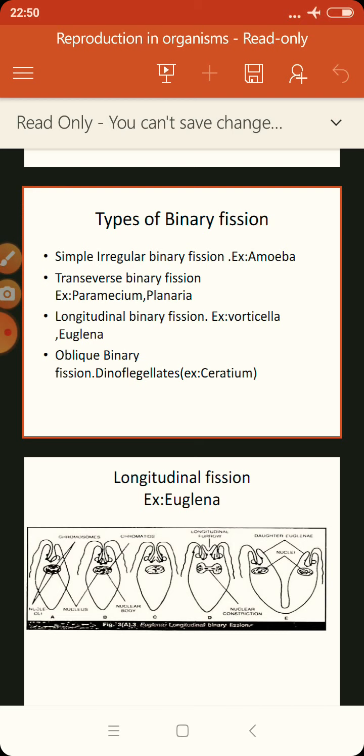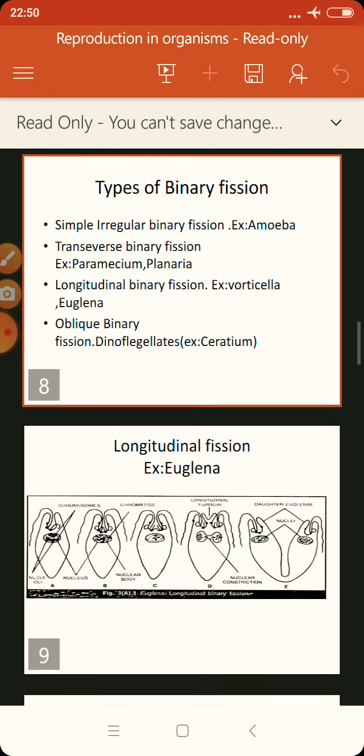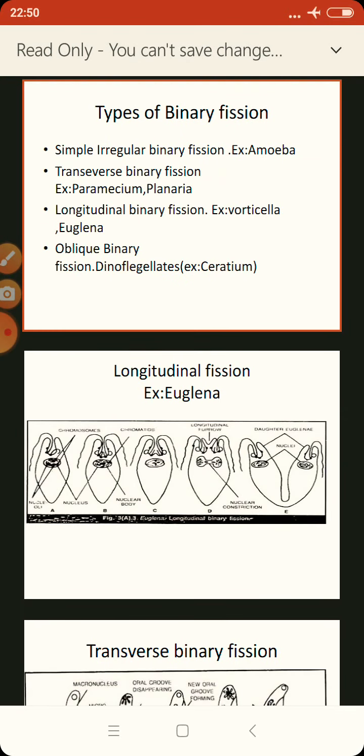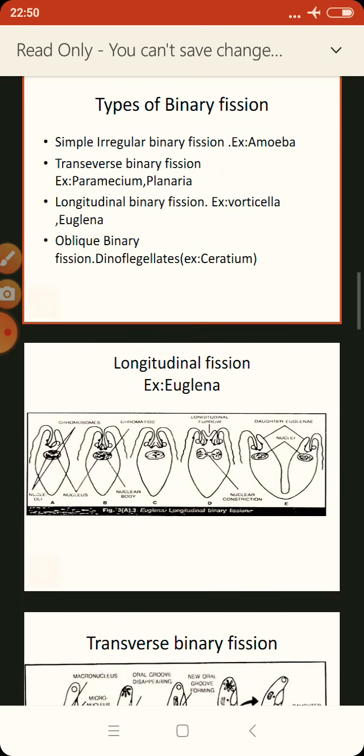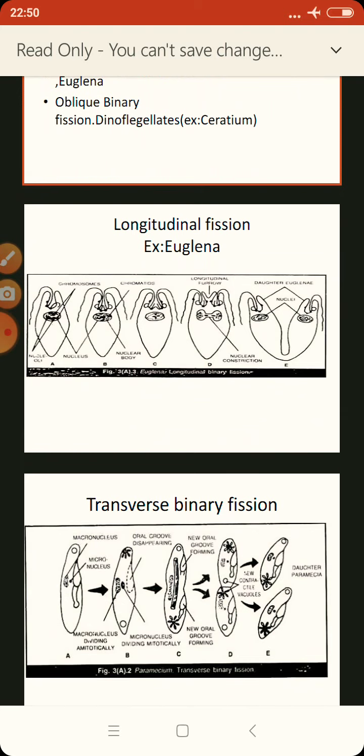Oblique binary fission is neither parallel nor at right angles to a specific original axis. That is oblique binary fission. The examples we give here are dinoflagellates and Ceratium.